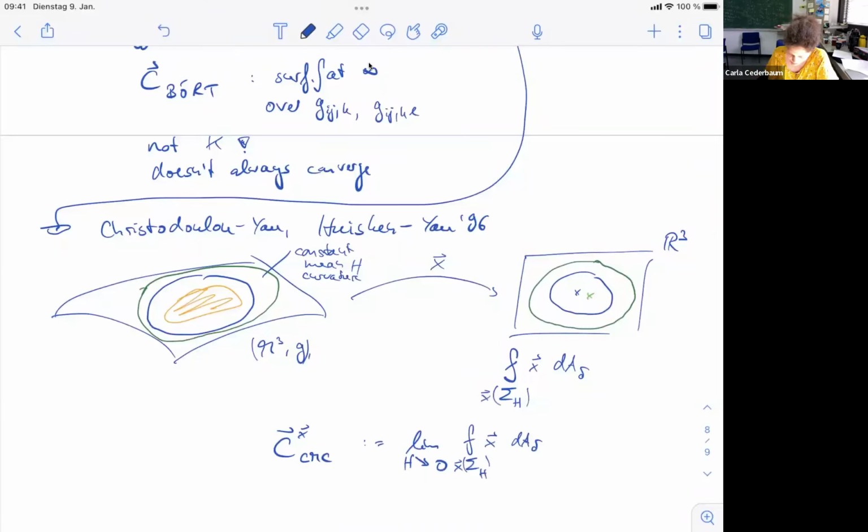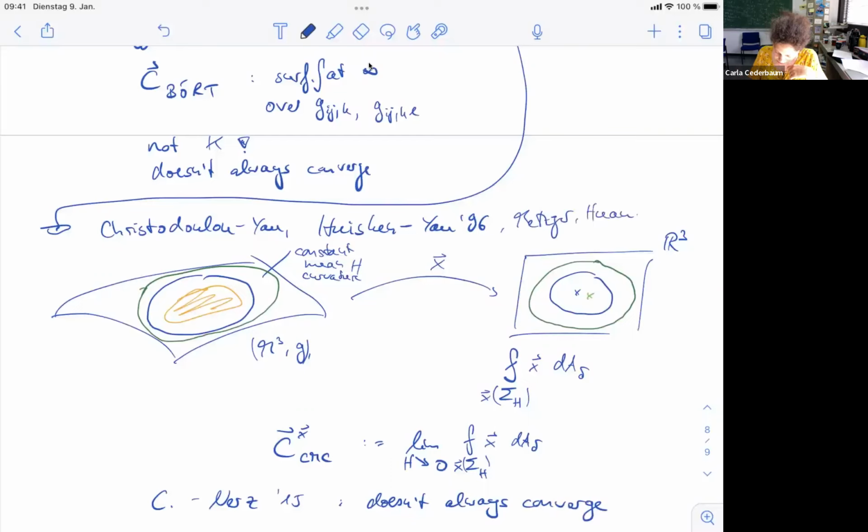The problem is, and this is a result of mine with Nerz in the paper that I referred to yesterday, which I believe is from 15 or 16, that this doesn't always converge. And I'm being very sloppy here. Huisken and Yau did this under very strong decay assumptions, and subsequently many people, including Metzger and Huang and Christopher Nerz and many others, analyzed this under weaker and weaker decay assumptions.